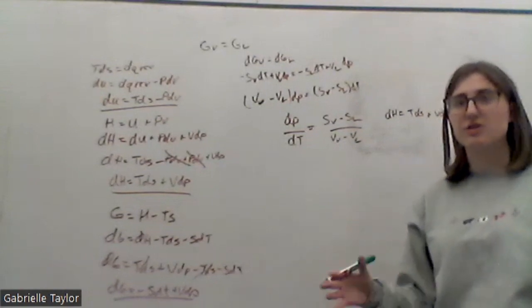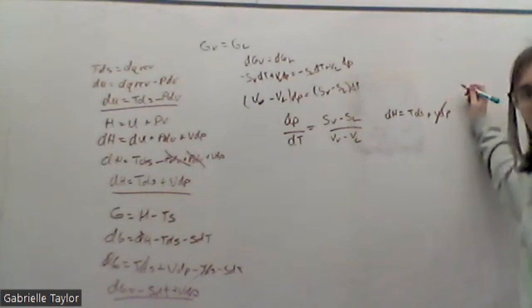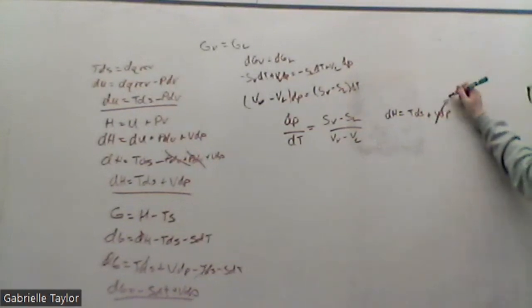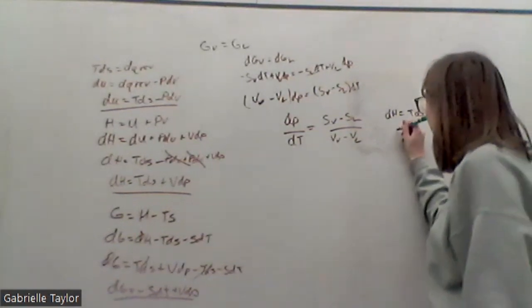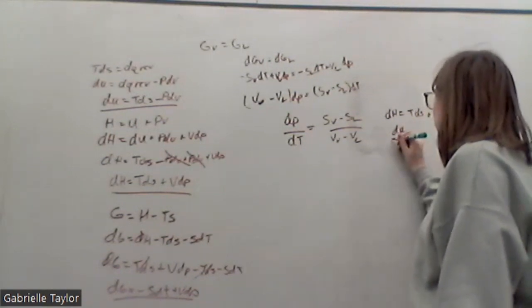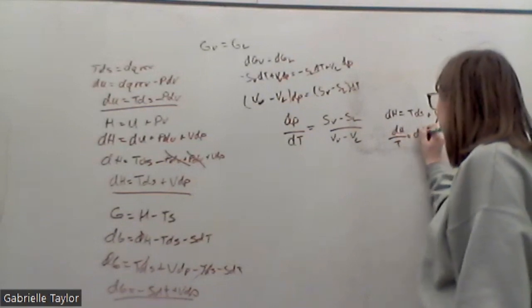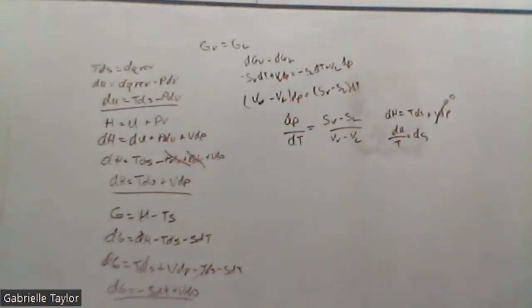That means our pressure is not going to change at the moment, so VdP is going to equal 0. So now the differential amount of change in enthalpy over temperature equals the differential amount of change in entropy.